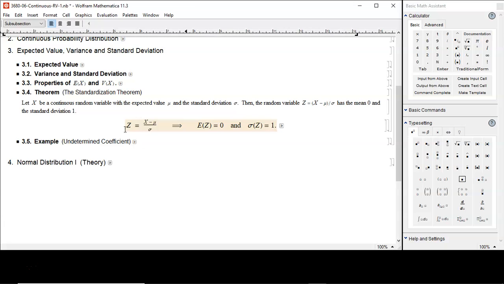You see, what is z versus x? X minus mu is basically adjusting the 0 point. And sigma is basically scaling. My favorite analogy is temperature conversion.